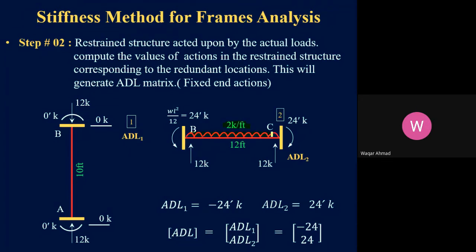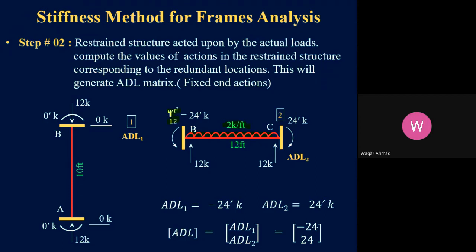From this 2 kip/foot load, the fixed end moment at this end and at this end will be equal to WL squared divided by 12. W is the magnitude of this uniformly distributed load, and 12 is there in the formula. L is the length of this member, so the length is 12.